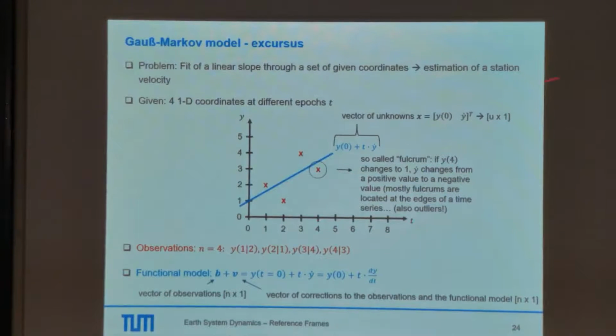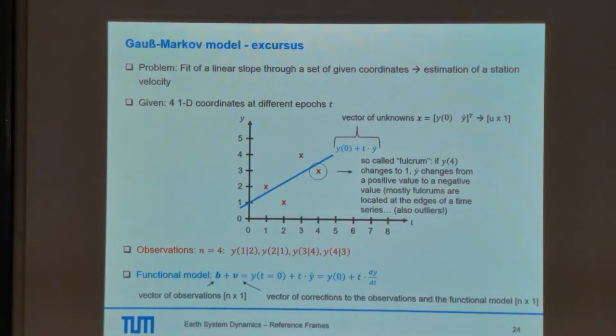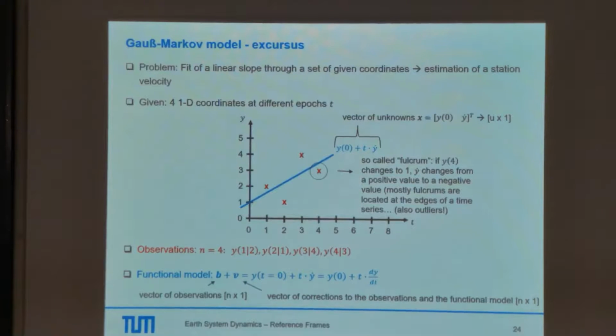Mostly they are located at the edges of the time series, but outliers can also be fulcrums, and that's why it's so extensive, for example, to compute an ITRF, because we have to do a really, really good outlier screening before we estimate our station coordinates and velocities.